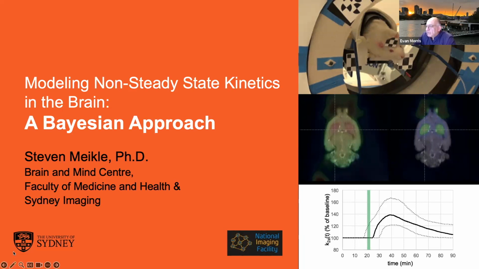His research aims to develop advanced imaging technologies and quantitative data analysis methods for clinical and preclinical radiotracer studies. These studies are intended to elucidate the molecular mechanisms regulating brain function in health and disease. Today, Steve's presentation will be modeling non-steady state kinetics in the brain, a Bayesian approach.